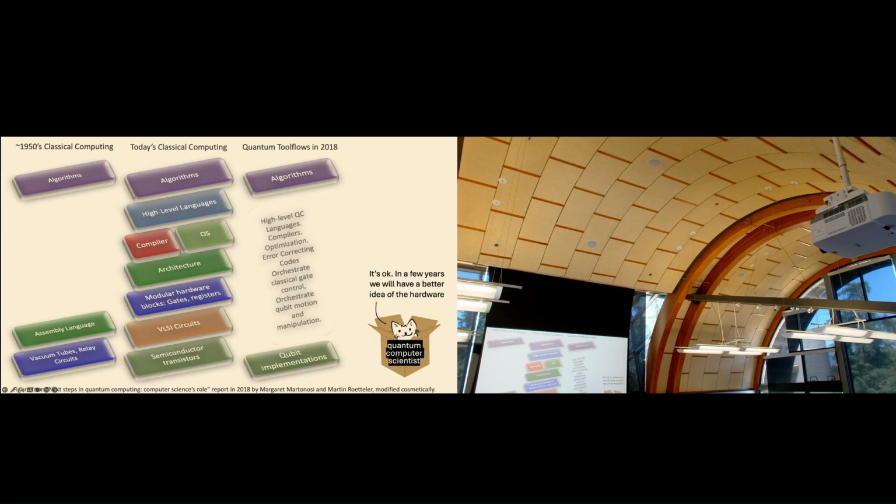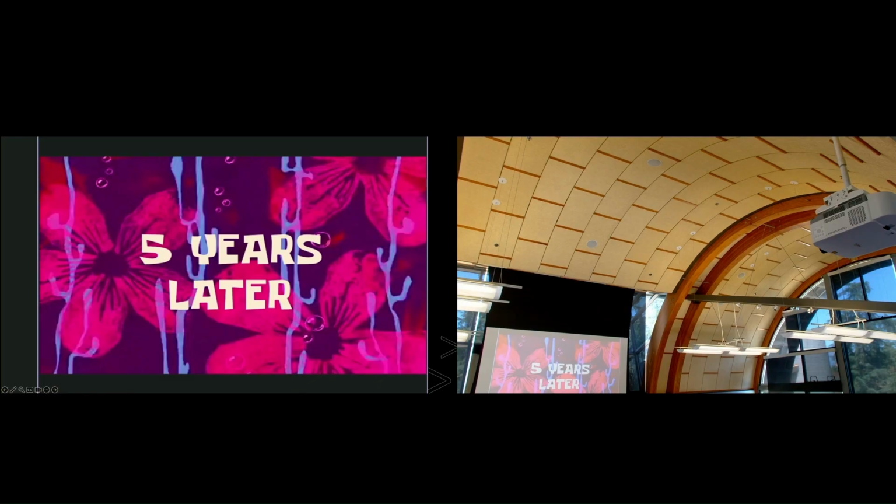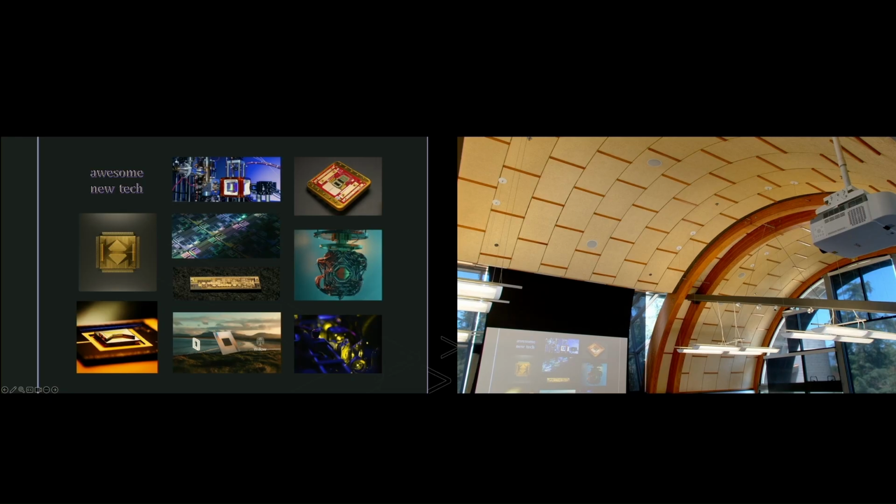In 2018, quantum computer science people would look at this and say, oh, it's okay. In a few years, we'll have a better idea of the hardware, because there are a few different qubit implementations. We're now about 6 years later, and there are even more hardware implementations of quantum computing than we had in 2018.